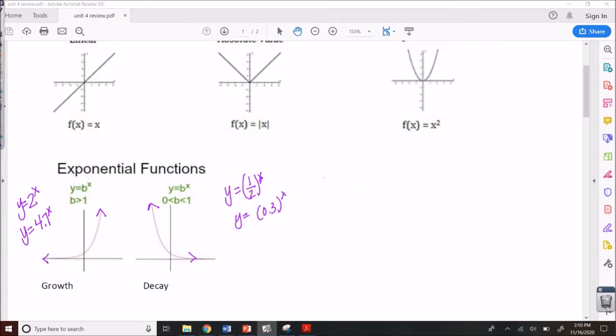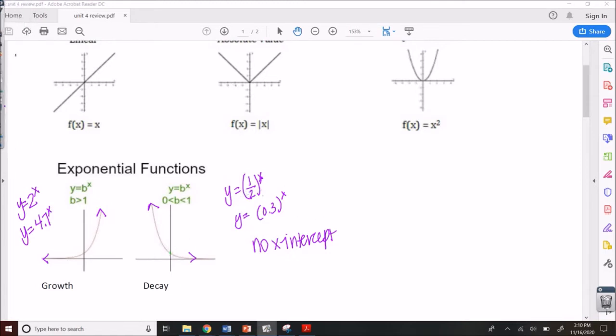Okay, so the x-intercept, we actually don't have one on the parent function. The y-intercept kind of depends on what your base is, because a y-intercept always happens when your x value is 0.